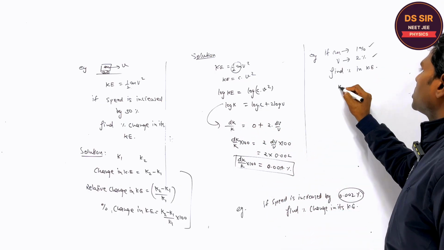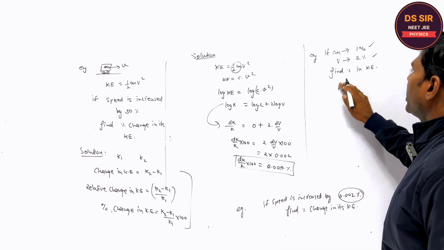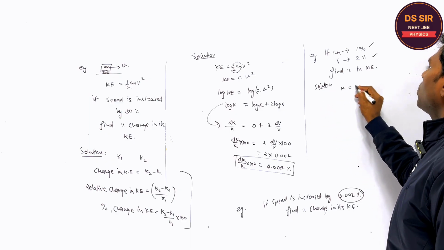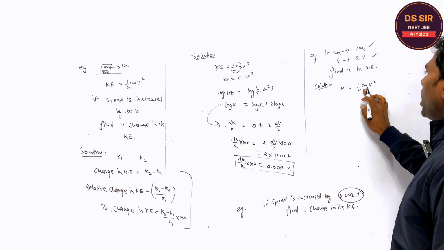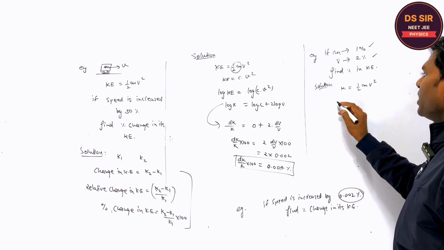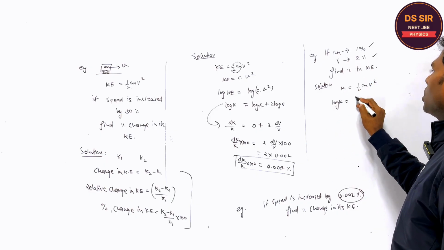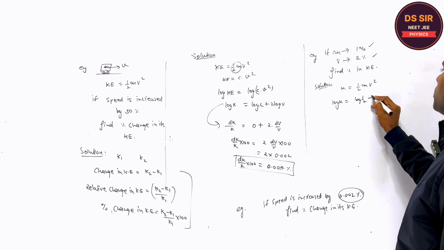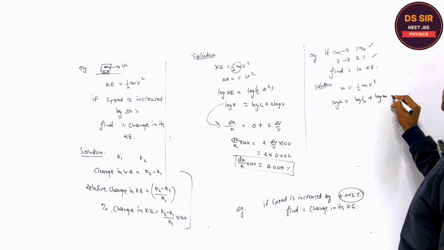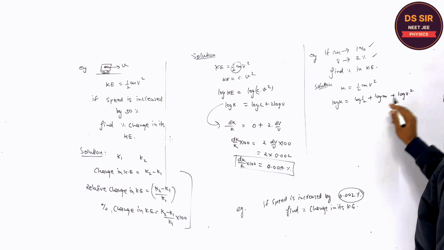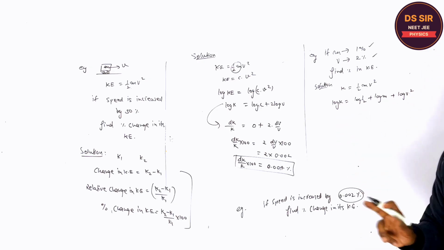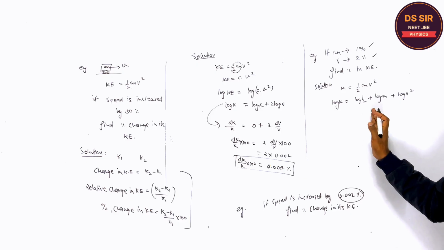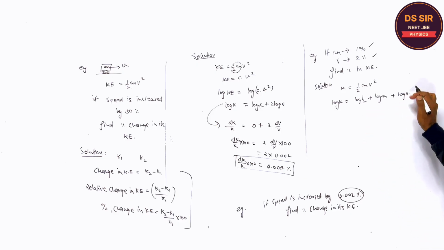So we will use differentiation. Suppose the kinetic energy K is equal to half mv square. Now the m is not constant because it is varying. Take the log: log K equals log 1 by 2 plus log m plus log v square, and this 2 comes in front.